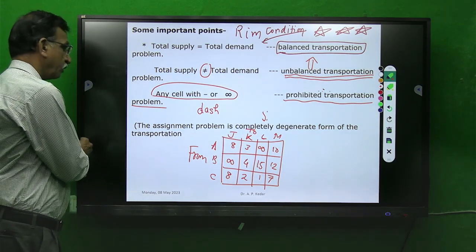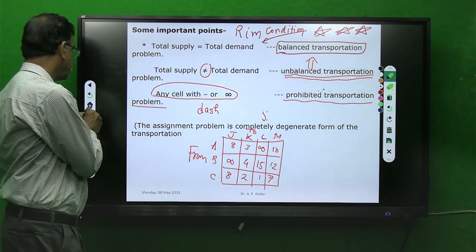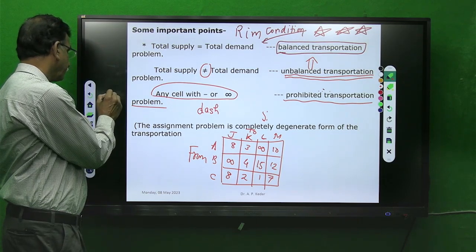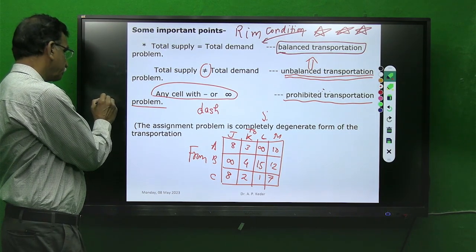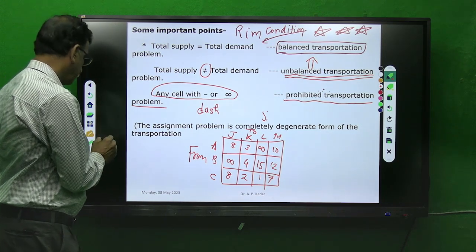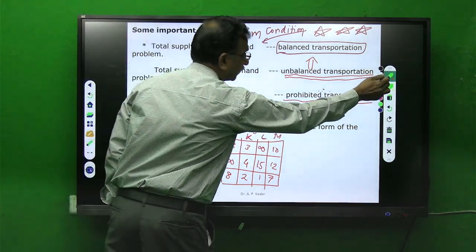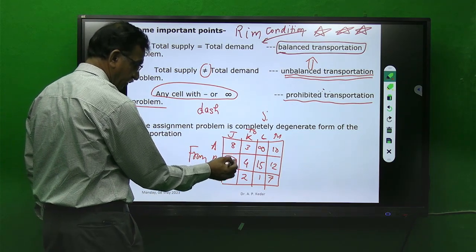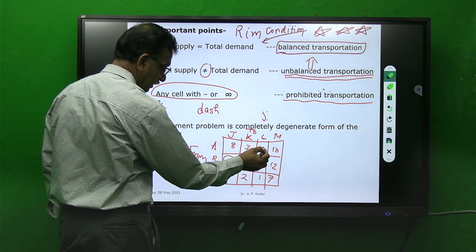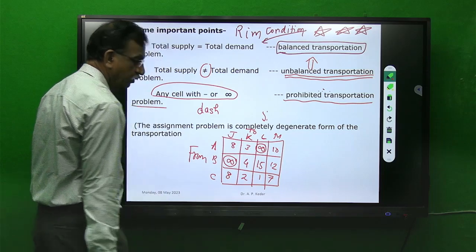Now here we can see two cells with infinity sign. One is this cell, other is this cell.